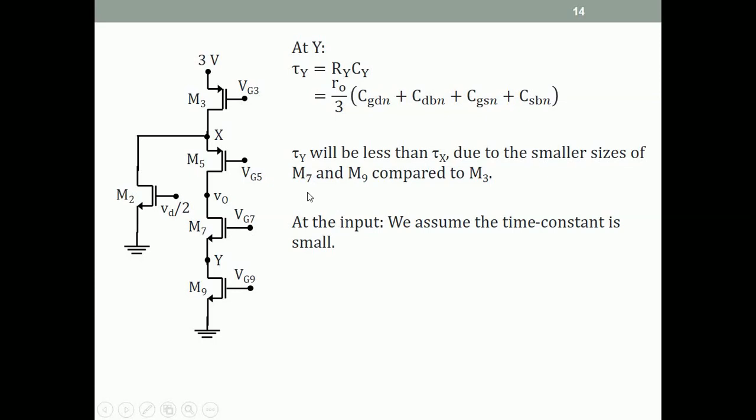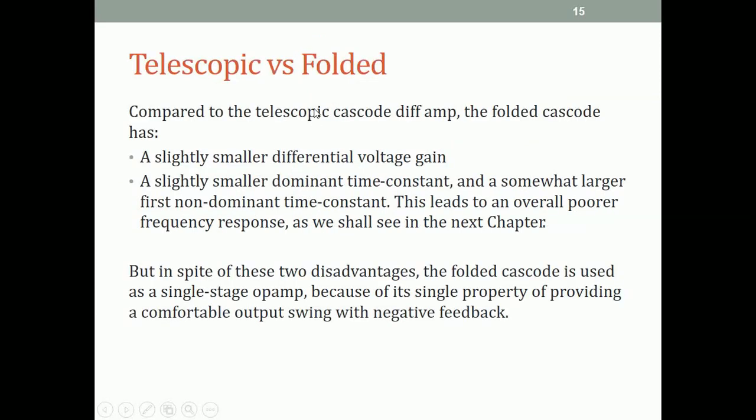Now if we compare these time constants with the telescopic time constants, and I'm not doing this, you should do this comparison. Of course, as we just saw, the gain of the folded cascode is slightly smaller compared to the telescopic. The dominant time constant of the folded cascode is slightly smaller than the telescopic.